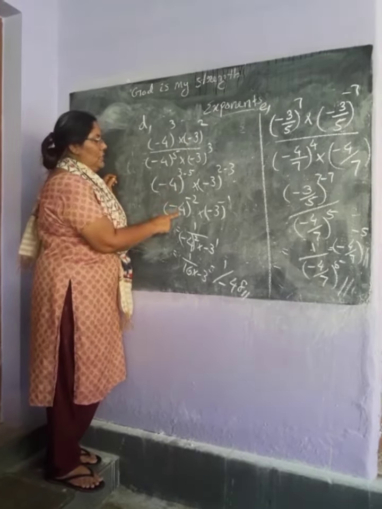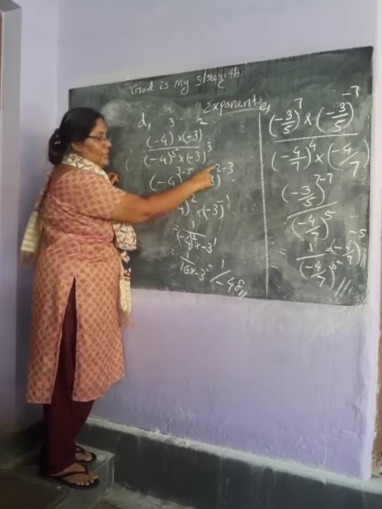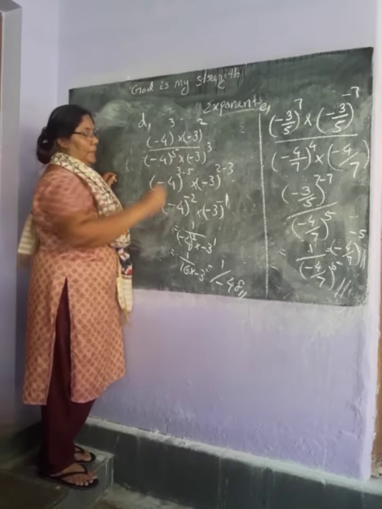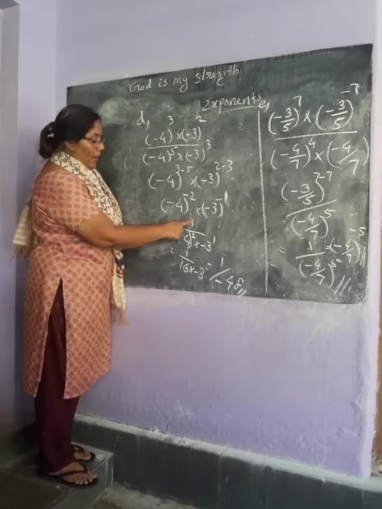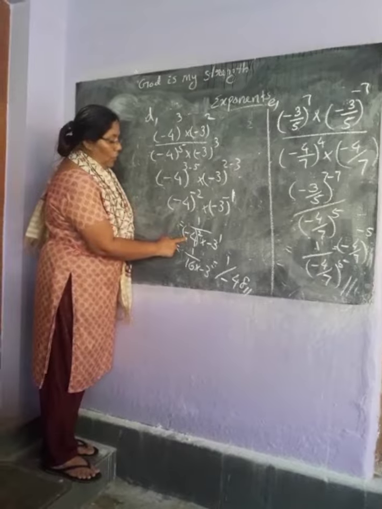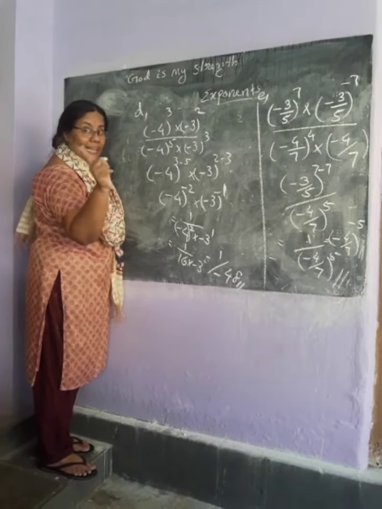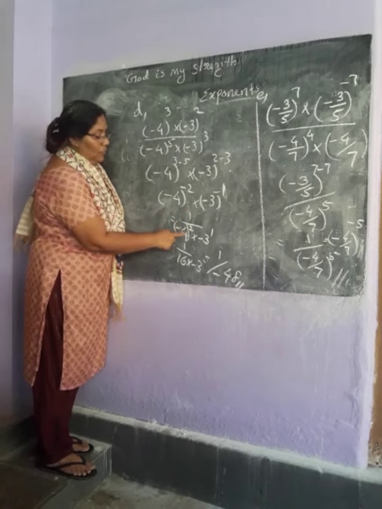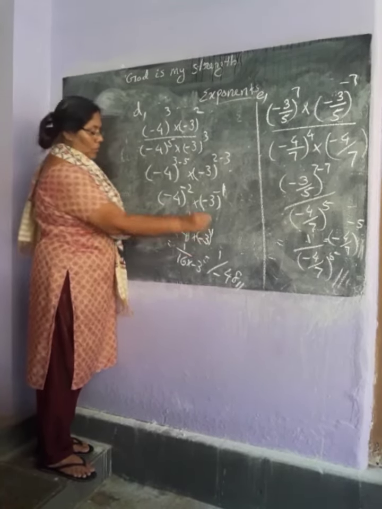Now, minus 4 raised to 3 minus 5 is minus 2 into minus 3 raised to minus 1. Here the exponents are negative, therefore we can write 1 by minus 4, no change, that minus 4, we only change the sign of the exponent. 1 by minus 4 the whole square into 1 by minus 3 the whole raised to 1.